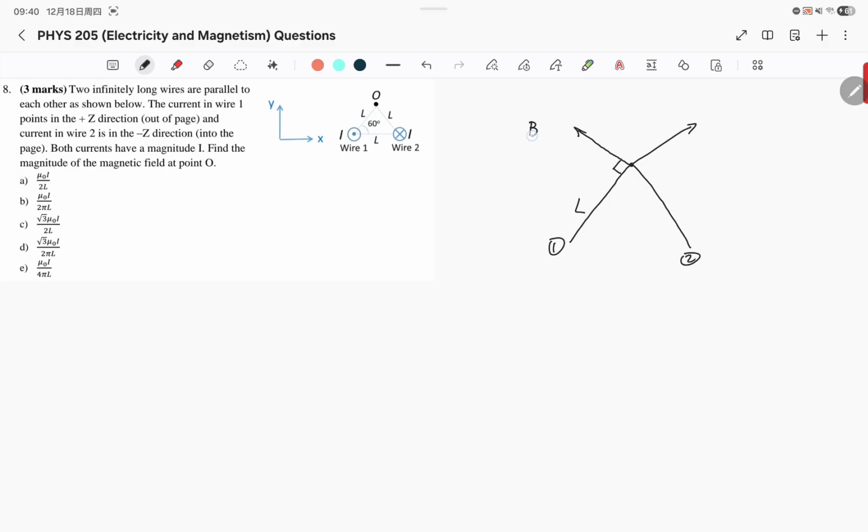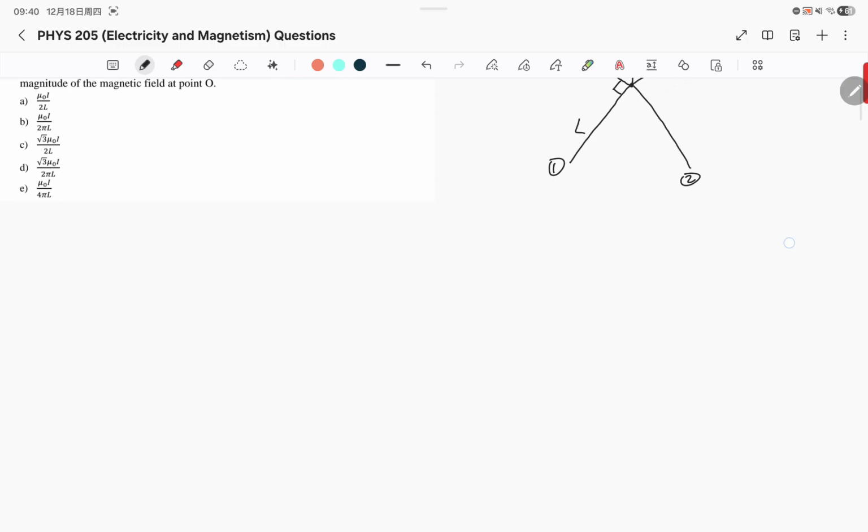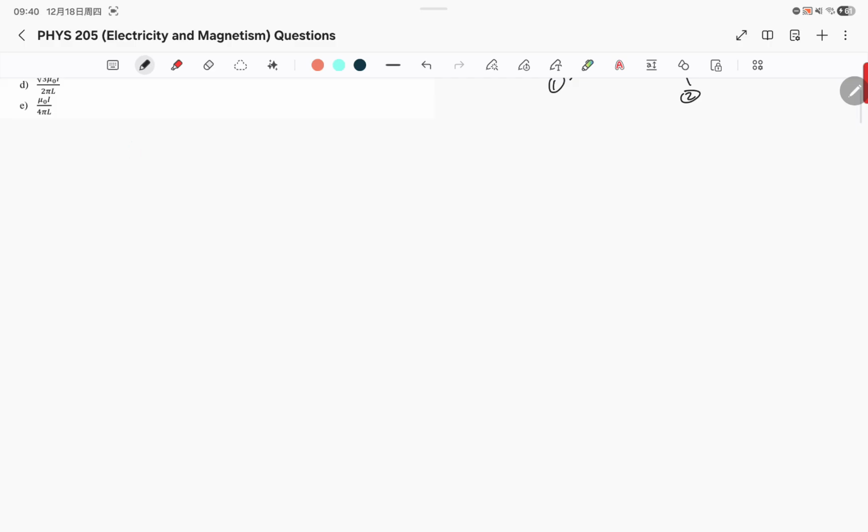So this is our B1. B1 is caused by wire 1. B2 is caused by wire 2. And our B net is just the vector sum of these two arrows. That's right here. So we can write a simple equation here.